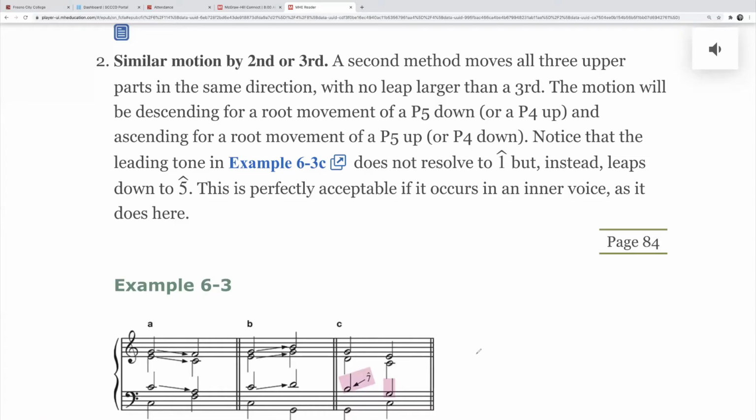So way number 2 is similar motion by seconds or thirds. So in this method, all 3 upper parts have to move in the same direction and no more than a skip, no more than a third.